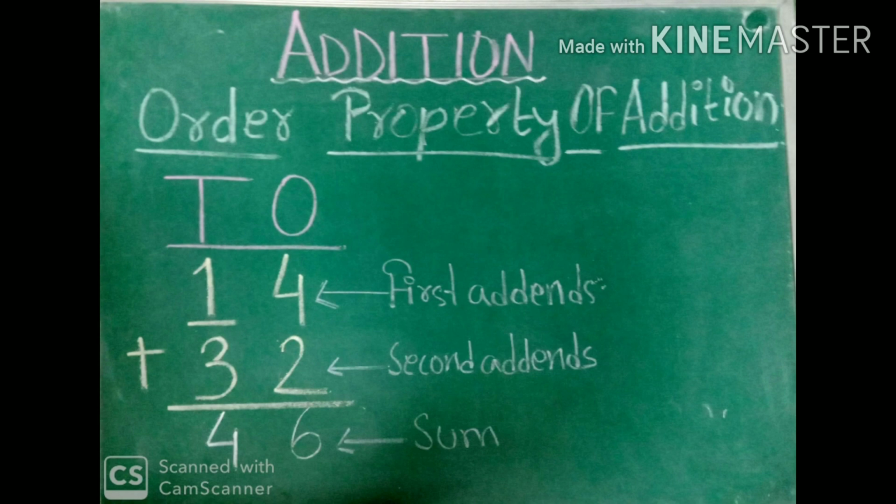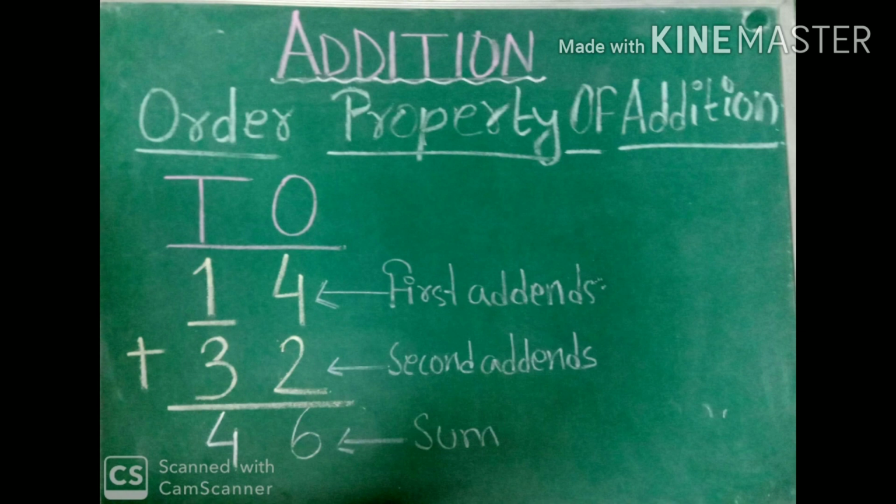Now let's add them. 4 plus 2 gives us 6. We should always add the ones column first, then the tens column when we are doing 2-digit addition.